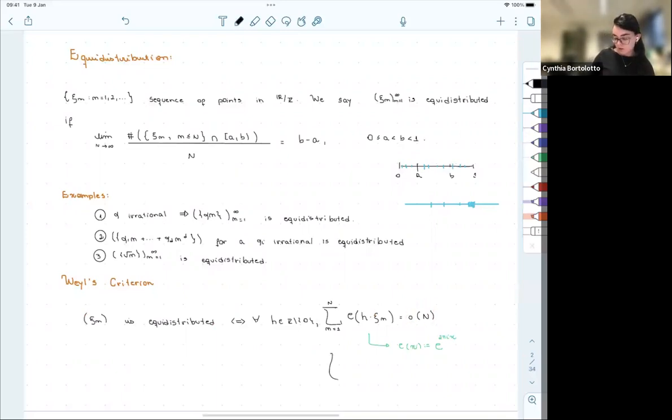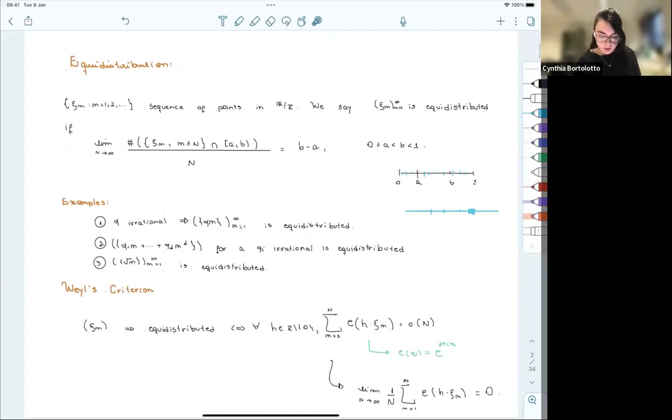This means that the limit, when n goes to infinity, of this sum divided by n is 0. So we're going to use this criterion to show equidistribution.